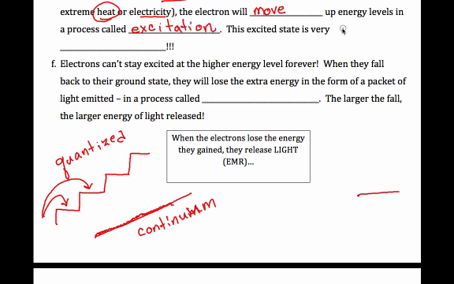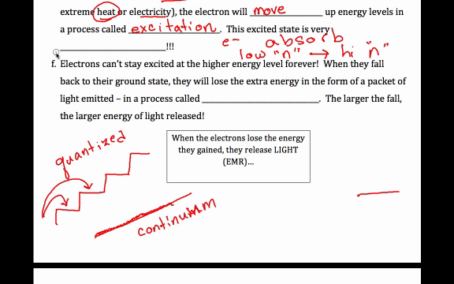Now, in excitation, electrons absorb or take in energy. Electrons go from a low energy level n, which can be 1, 2, 3, 4, to a higher energy level n.